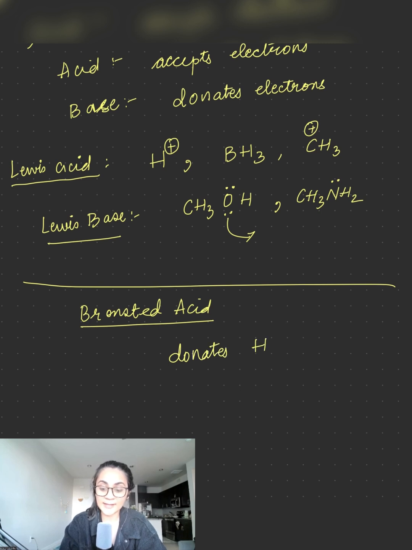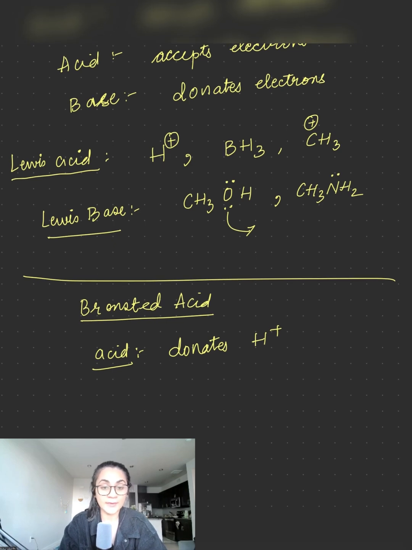What would be an example of that? For example, HCl is a species that would donate the H plus, because it can easily become H plus and Cl minus. H2SO4 can also very readily donate that H plus.